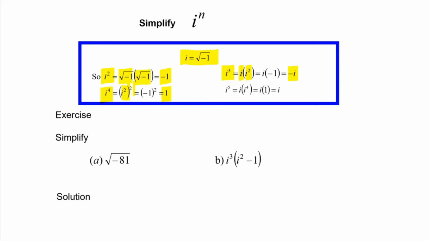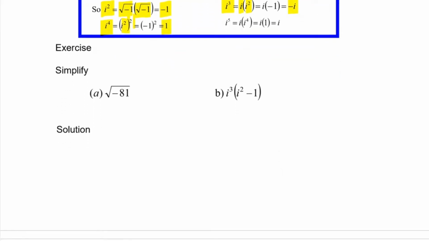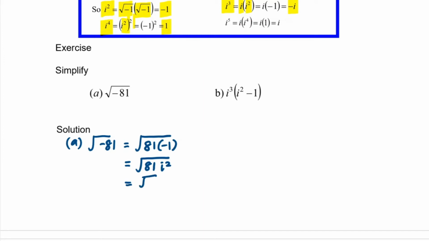Let us simplify the following functions. A, square root -81. For B, first we expand it.